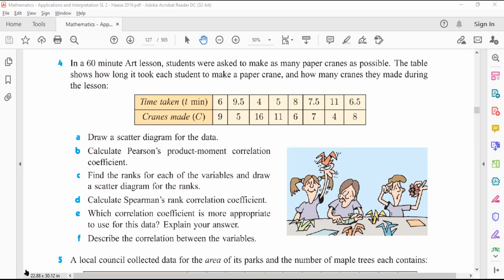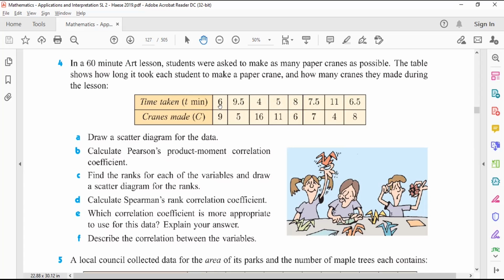How did you get that? You have to just put this in list 1 and list 2. So do I have to change the setting again? No, but that's too weird. Check the data again, otherwise you have taken extra data. You forgot to delete the data. 6, 9.5, 4, 5, 8, 7.5, 11, 6.5, correct?